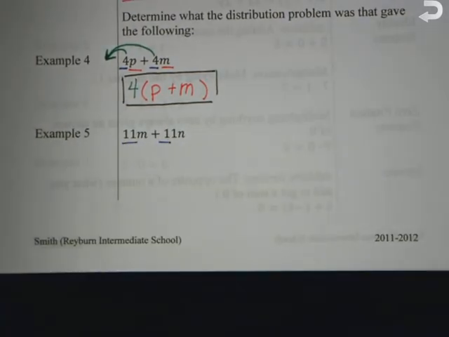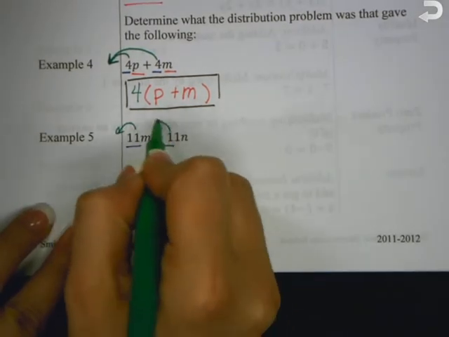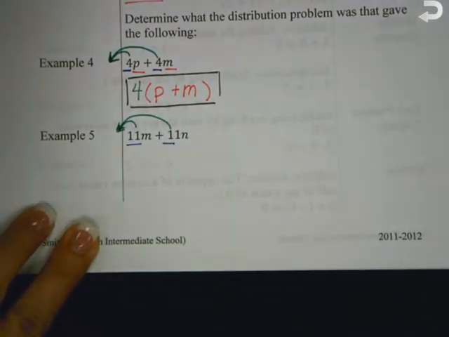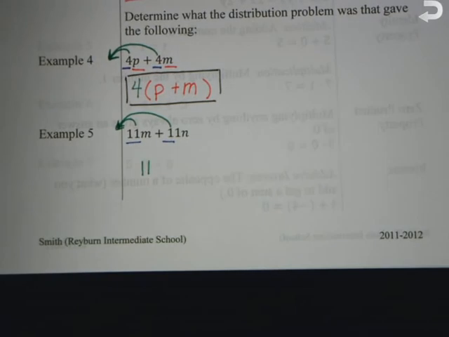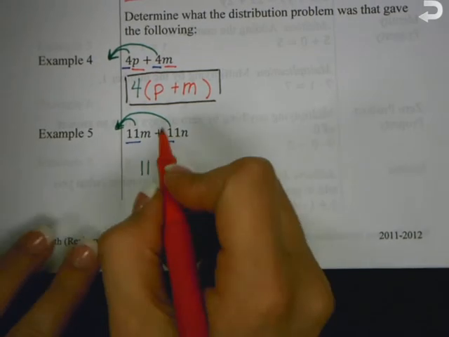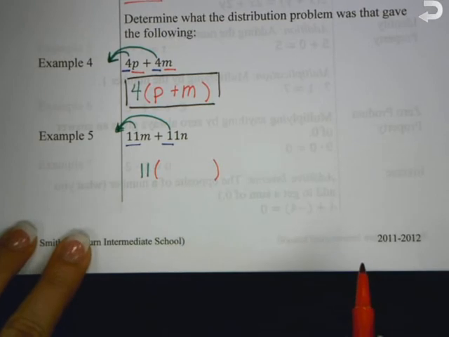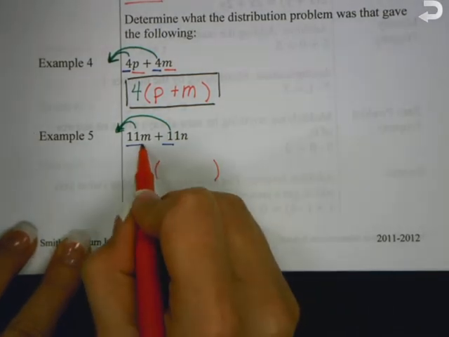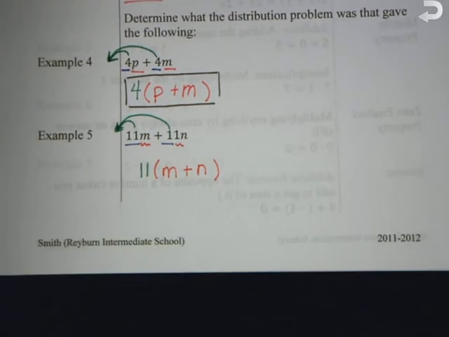Then we want to move it to the front, so I'm going to draw arrows that go out to the front this time and rewrite it outside. And if I took 11 out of the parentheses, what's left inside? M plus N. Good. It's like basically our homework.